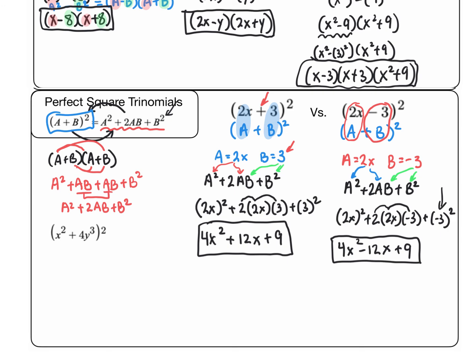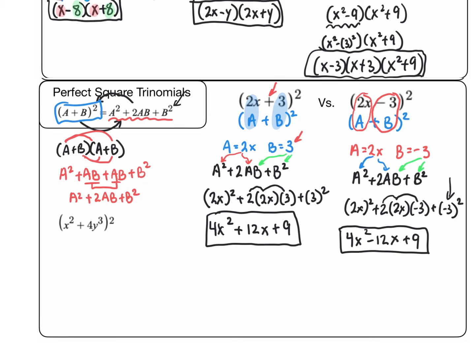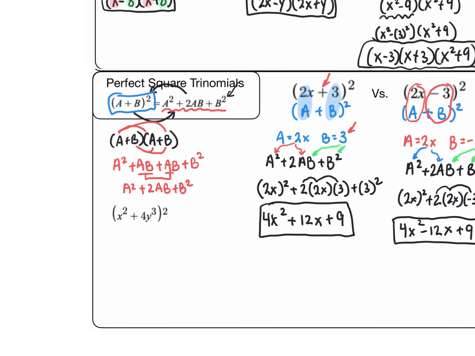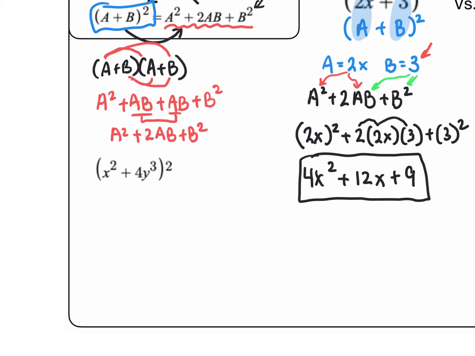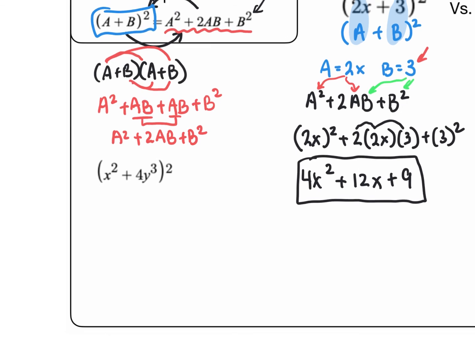Okay. So a more complex example of this is going to be something that looks like this guy right here. Basically the reason being is that it has more variables in it. Okay. So let's see, using the pattern, how this plays out. So if I have an a plus b here, and I know that a is going to be x squared, and b is going to be, let's see, 4y cubed.